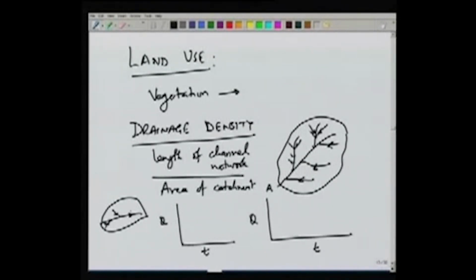Now, a smaller drainage density means that most of the flow will be overland flow, and higher density means that most of the flow will be through the streams, so it will reach the point A faster. And the peak also would be affected by the drainage density in the area.